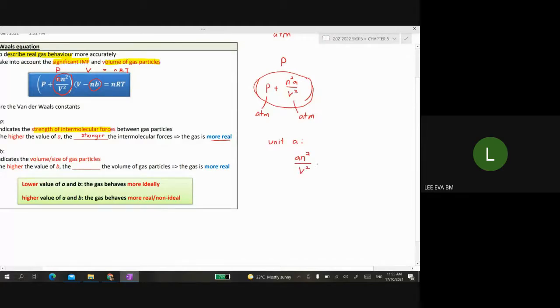Over V squared equals to ATM. N is the symbol for number of mole, so let's put the unit for mole for N over here. So mole to the power of 2. Volume, what is the unit? In PV equals nRT, the unit for volume is liter. So we have L squared over here equals to ATM.